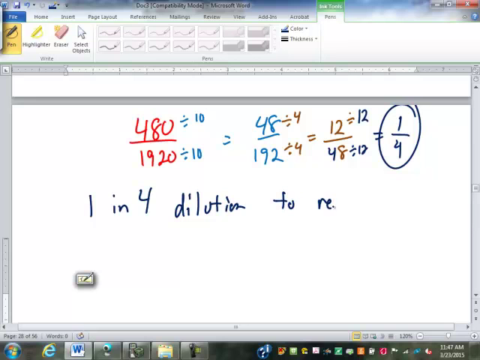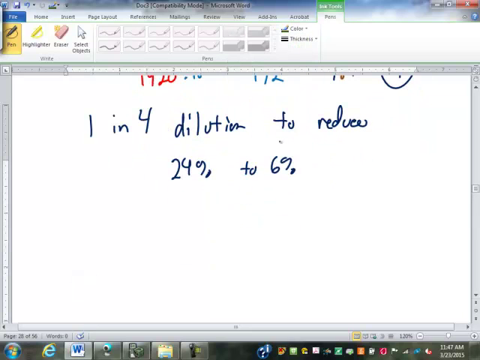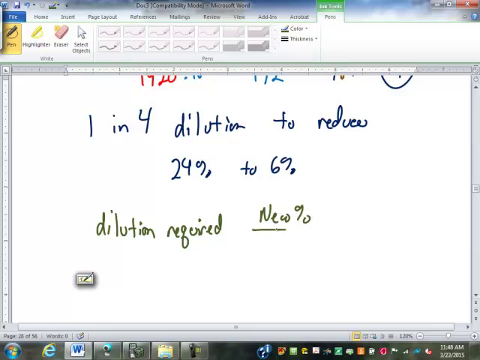To reduce 24% to 6%, well, looking at this, you can see that the actual ratio, the dilution needed, is set up as the new percent, the diluted percent, over the old, or the concentrated percent. 6% over 24% is going to be 1/4, or 1 in 4.